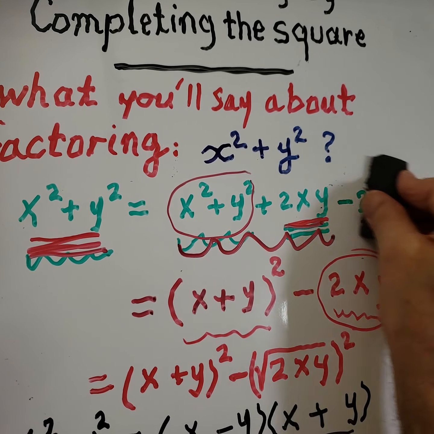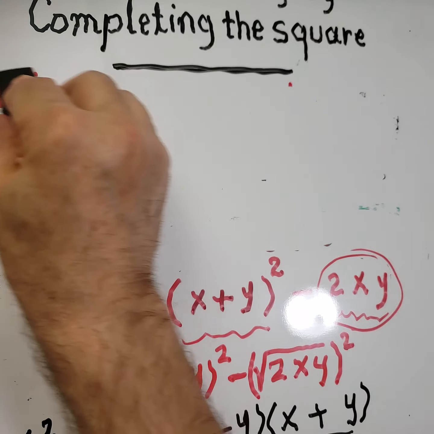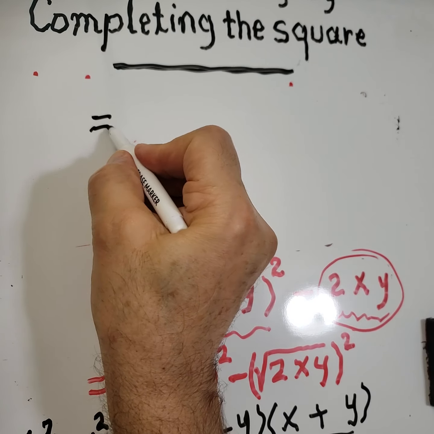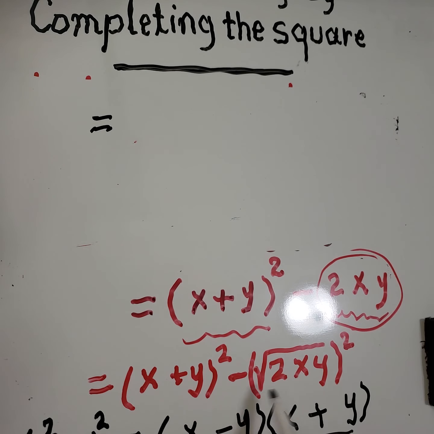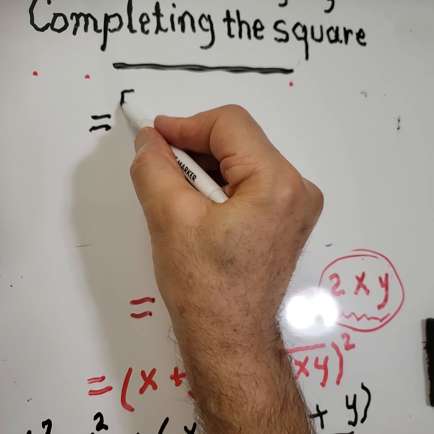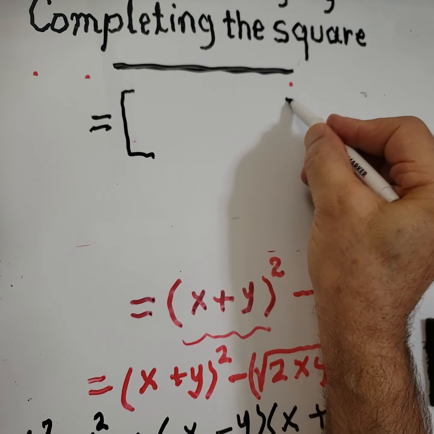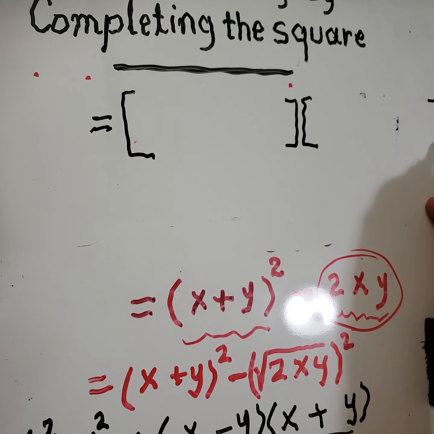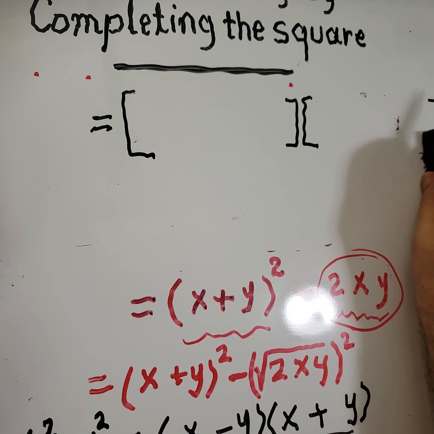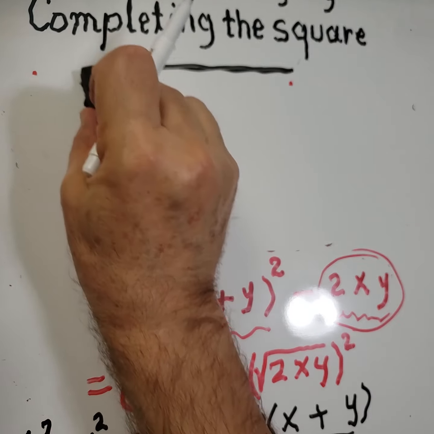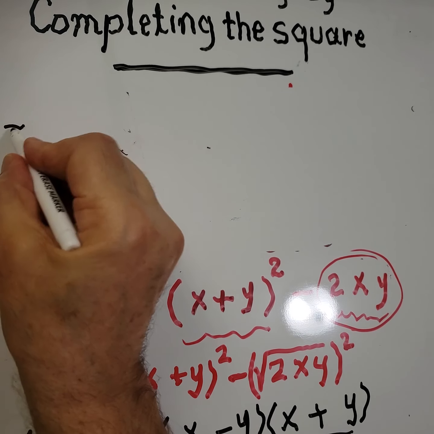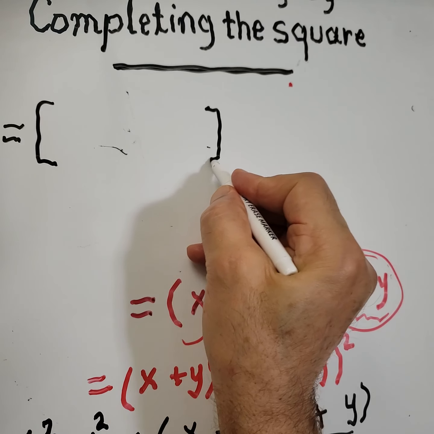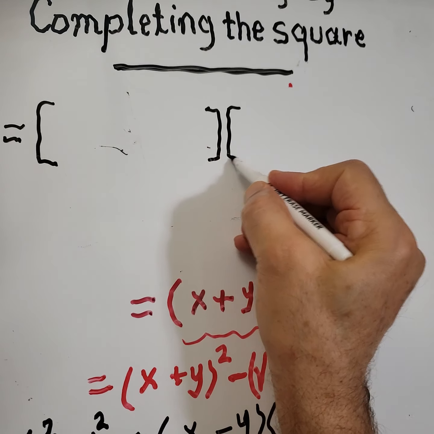Now we'll write it here. We'll write two brackets, and here other two brackets.